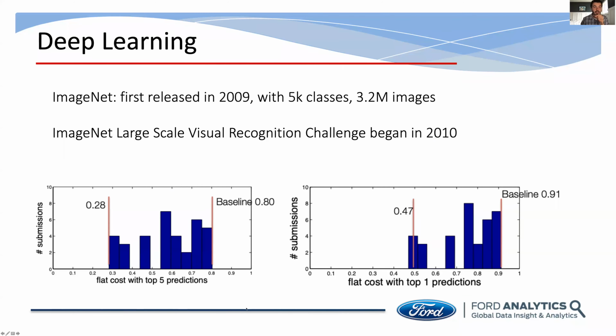If you ask the model to predict, basically take 5 guesses for each image of what the correct class is, the best model had an error rate of 28%. So, in some sense, that's still pretty impressive. That's about 2 out of 3 times that it can pick the right image.